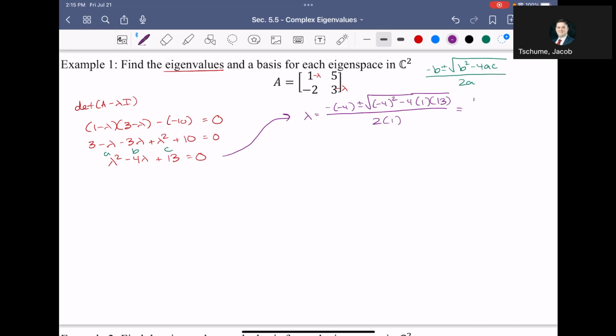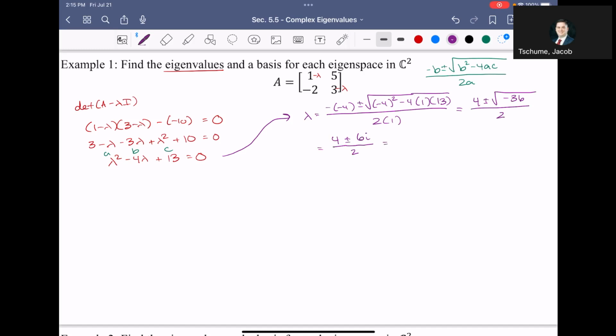So simplifying this, you should get positive 4 plus or minus, and then the inside of the radical part, you are more than welcome to type that in your calculator. Looks like you're going to get 16 minus 52. And so 16 minus 52 is negative 36 divided by 2. So that will give you 4 plus or minus, and as we talked about a few minutes ago, the square root of negative 36 would be 6i, all divided by 2.